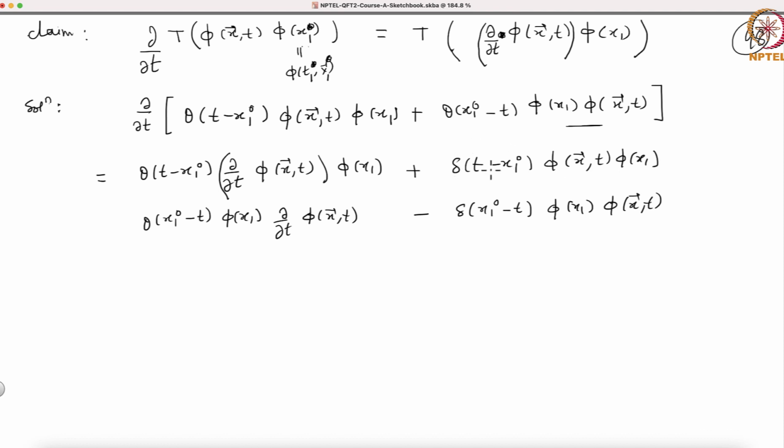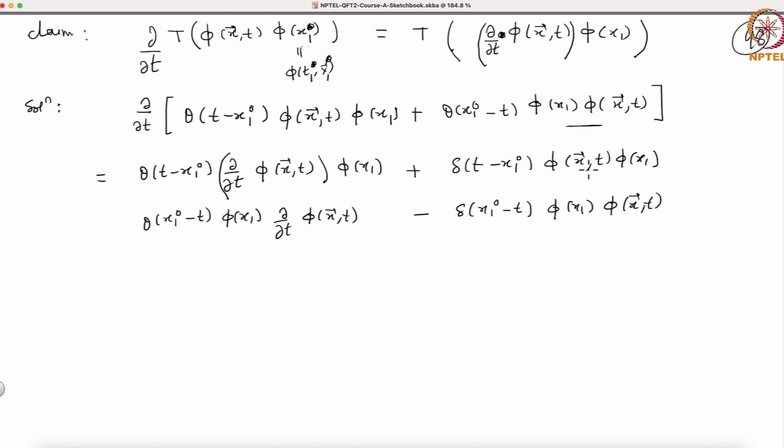This hits when t is equal to x1 naught. The same is here, t equal to x1 naught, otherwise this is 0. The delta function vanishes. So it makes phi of x1 naught, and phi of x1 naught.